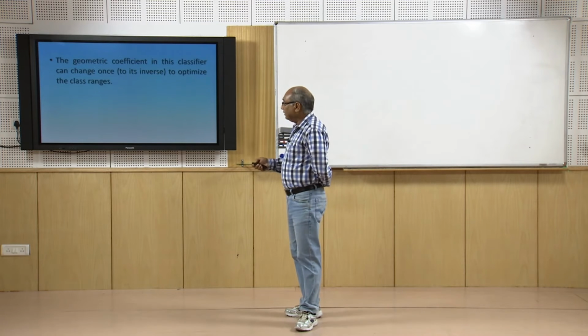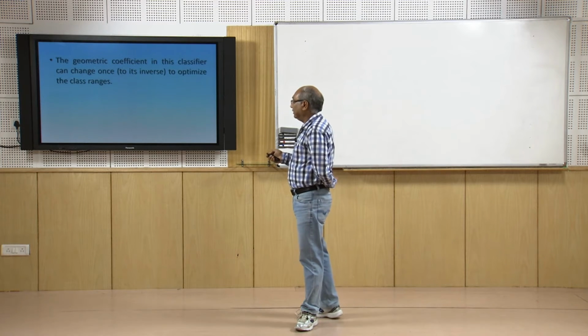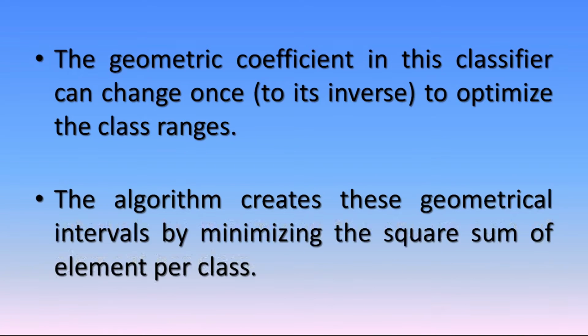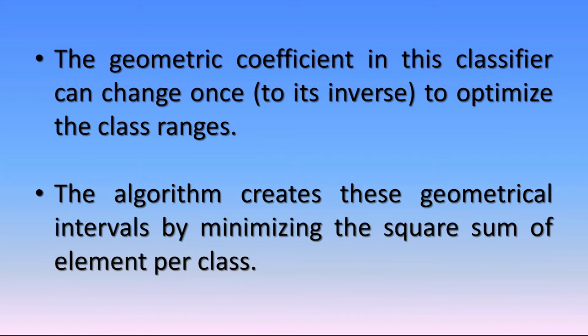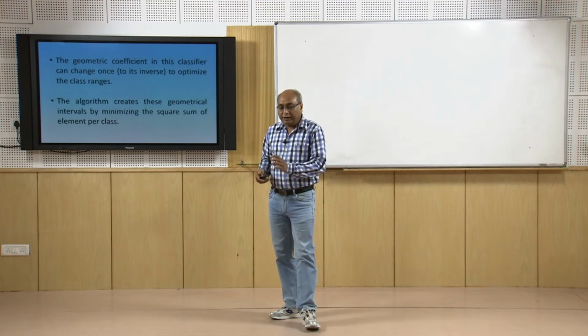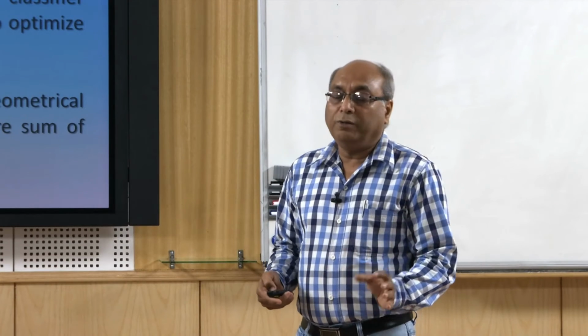Here the geometric coefficient is the classifier, and it can change to its inverse to optimize the class range. The algorithm creates these geometrical intervals by minimizing the square sum of elements per class. That means the variation within classes should not be much.